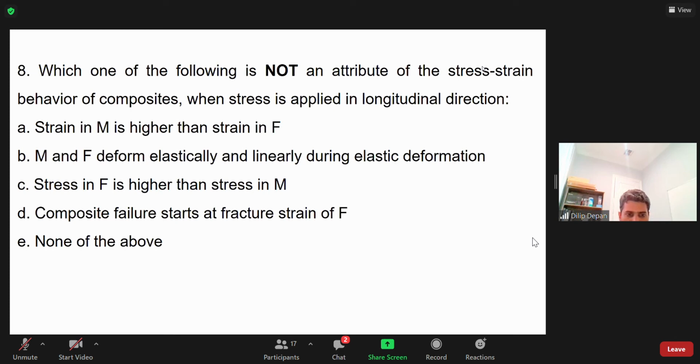A, strain in matrix is higher than strain in fiber. B, matrix and fiber deform elastically and linearly during elastic deformation. C, stress in fibers is higher than stress in matrix. D, composite failure starts at fracture strain of fibers, or E, none of the above.